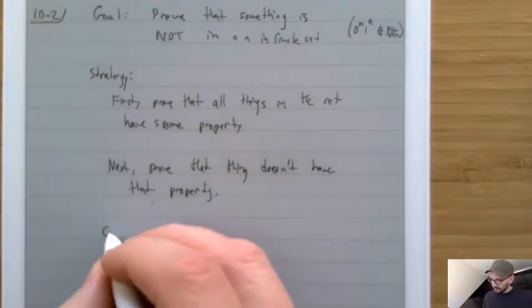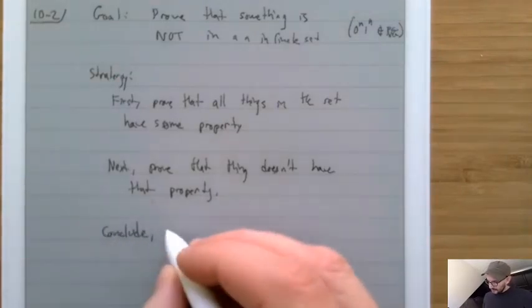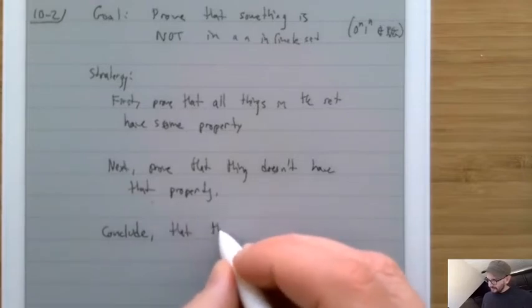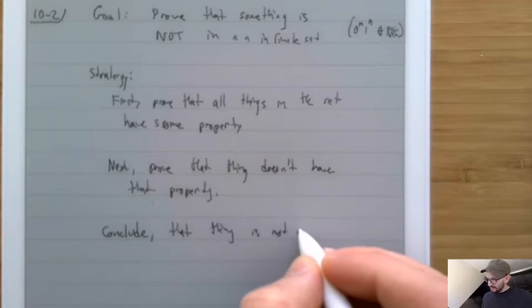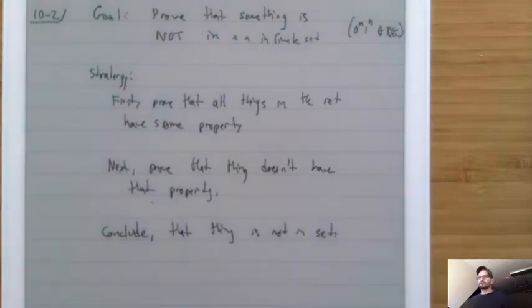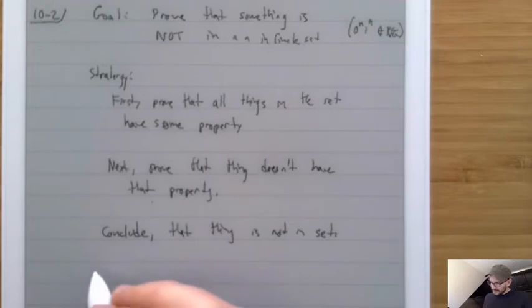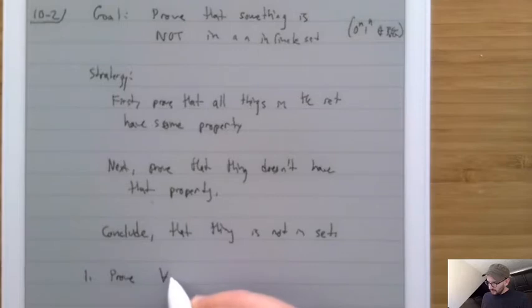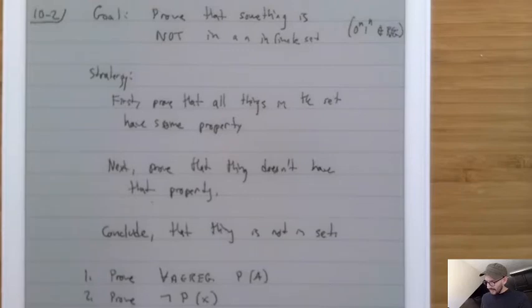Then we conclude that the thing is not in the set. So if we were to write this out, step 1 is prove for all A inside of reg, P of A. Step 2, prove not P of X. And then we conclude that X must not be inside of reg.